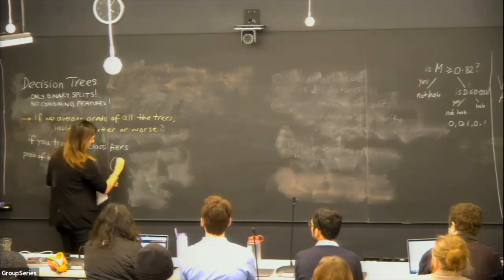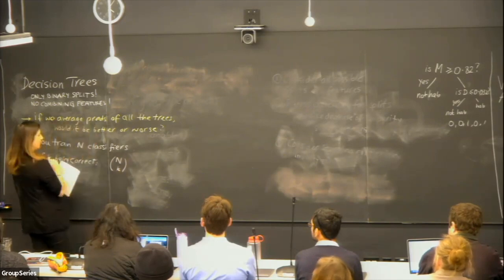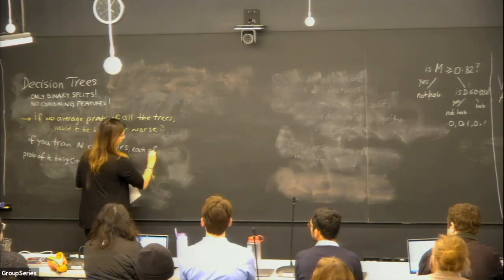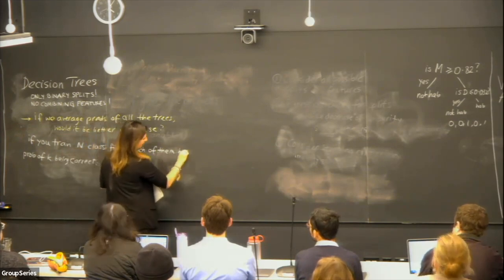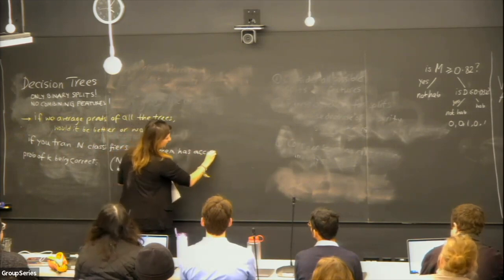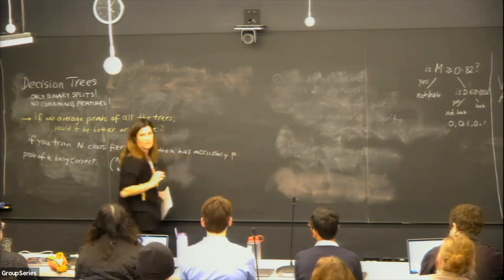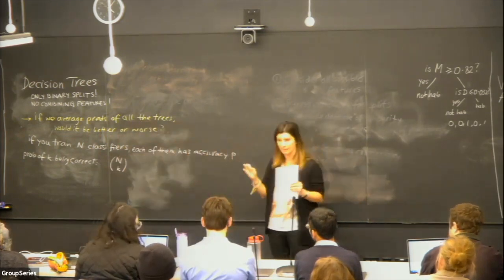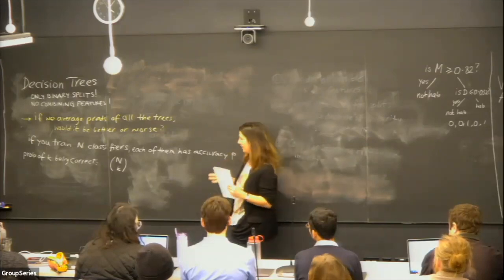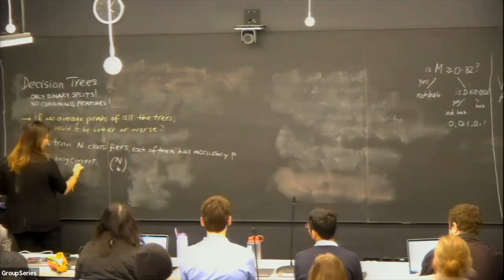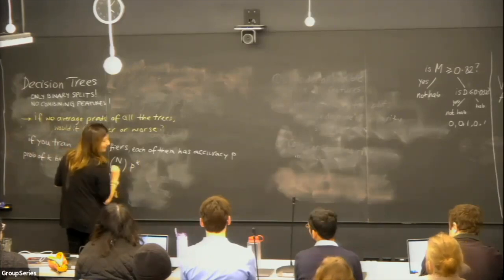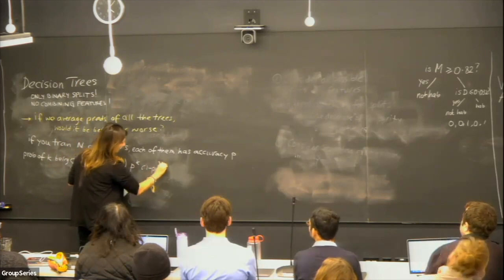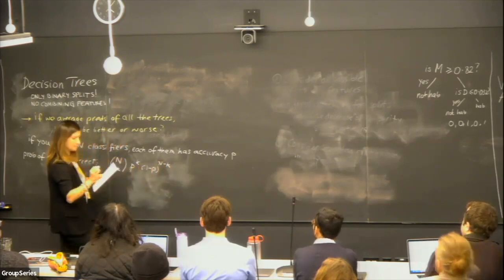If each of them has a certain accuracy, p, let's say 60%, 70%, 80%, whatever you believe to be the probability that a single classifier is correct, and I'm assuming that they're all the same, then the probability of k of them being correct is n over k times p to the power of k times 1 minus p to the power of n minus k.